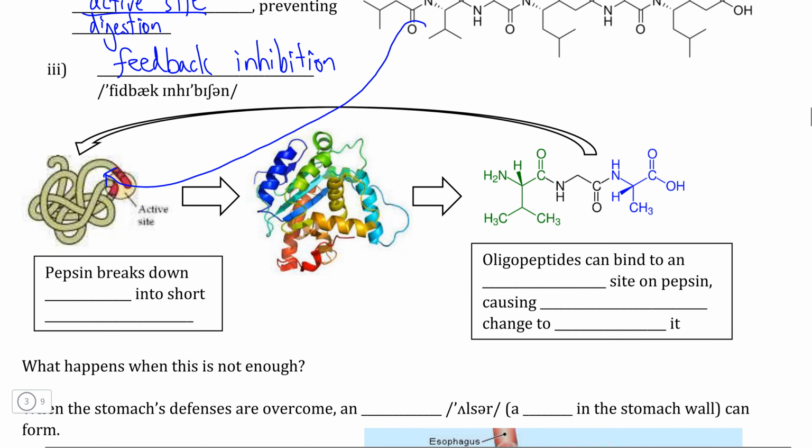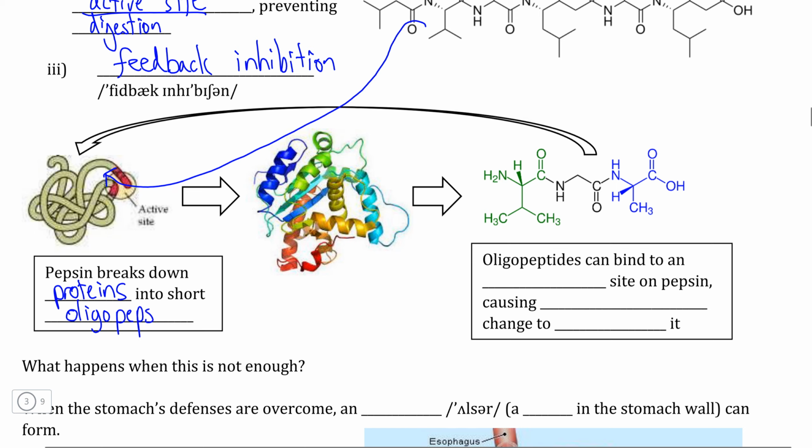As we know, pepsin is the primary digestive enzyme of the stomach and the primary digestive enzyme that breaks down proteins. And when pepsin does this, it doesn't break down the proteins into singular amino acids one at a time. It breaks them down into short 3 to 4 amino acid long fragments, which we call oligopeptides.